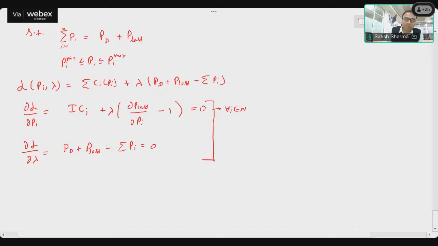You have to obtain Pi to calculate P loss, and Pi can only be calculated once P loss is known. So what we will do is calculate the initial P loss, and we will calculate these incremental P losses.